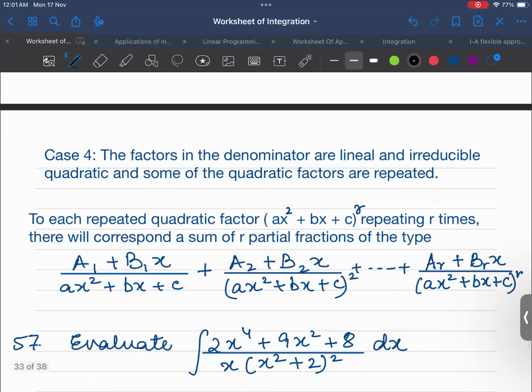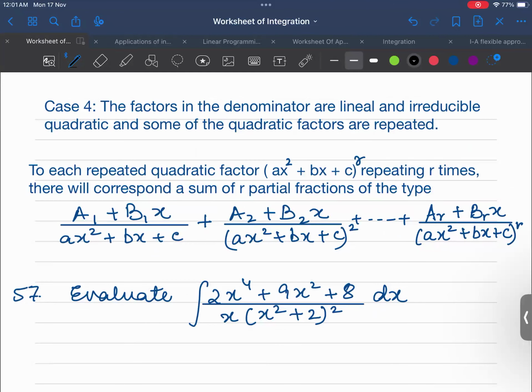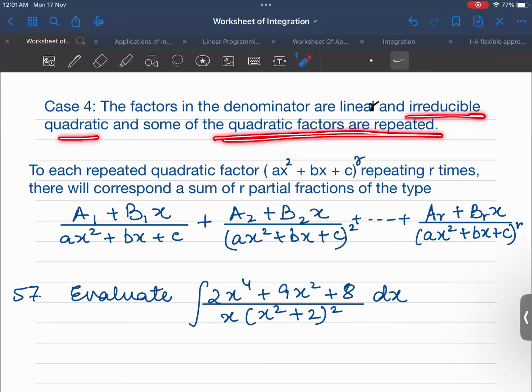Now we are coming to case 4, where the factors in the denominator are linear and irreducible quadratic, and some of the quadratics are repeated. In our case 3, the quadratic factors were not repeated, but in this case, quadratic factors are repeated.